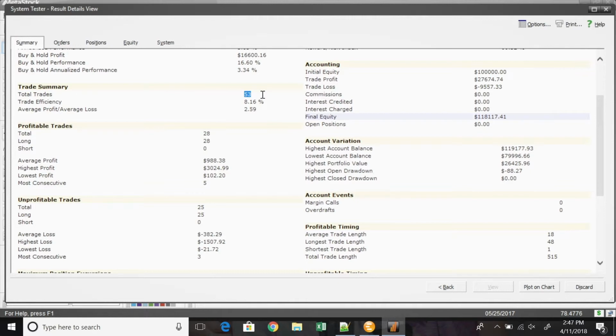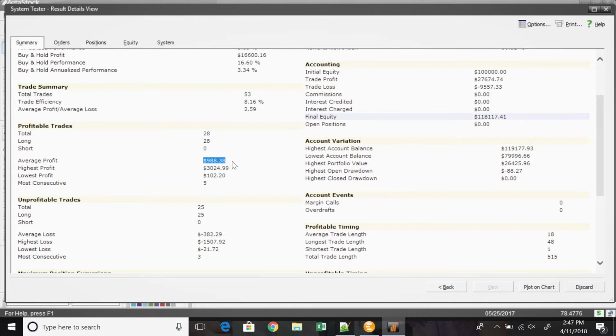So I had 53 trades, trade efficiency 8.16%. My average profit loss was 2.59. So this is kind of what I want to spend some time on here, is this profitable trades, unprofitable. So I can see again that number 28. My average profit was $988 per trade. Now remember, I risked $100,000, but I was only risking 20% of that.